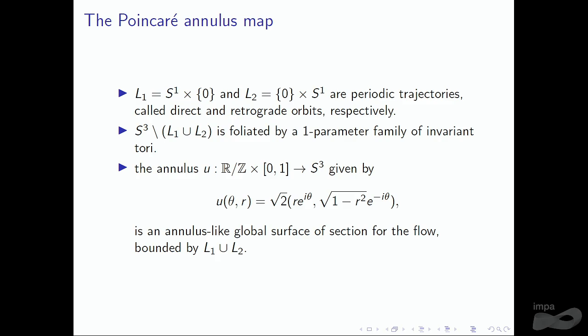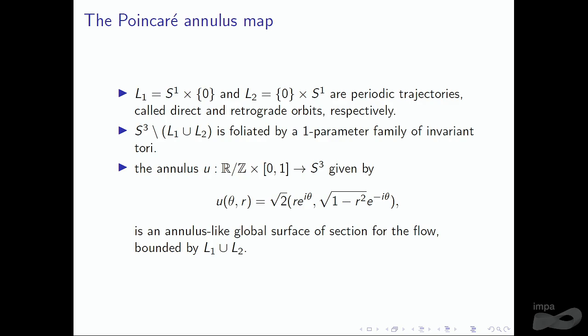When r equals 1, it's on the direct orbit, and when r goes to 0, it traverses in the opposite direction the retrograde orbit here.